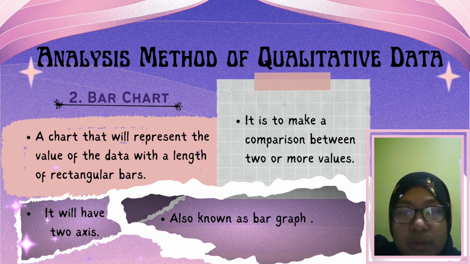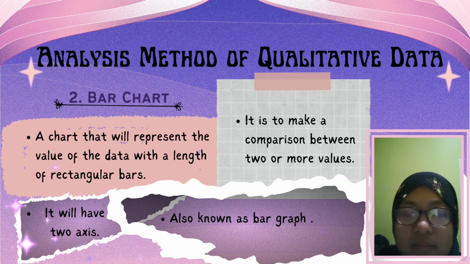A bar chart, also known as a bar graph, has two axes. The vertical axis is for the number of elements that fall into each category. Meanwhile, the horizontal axis is for the categories.